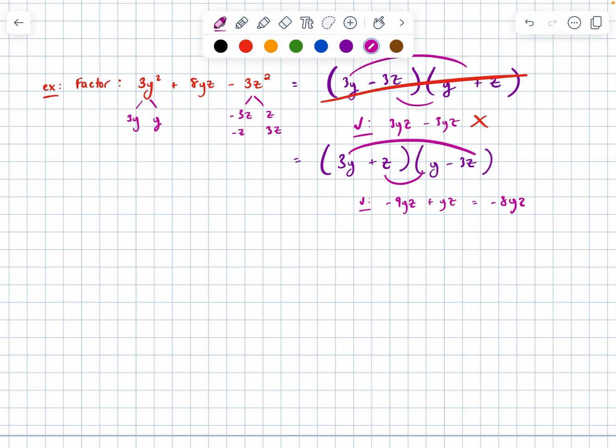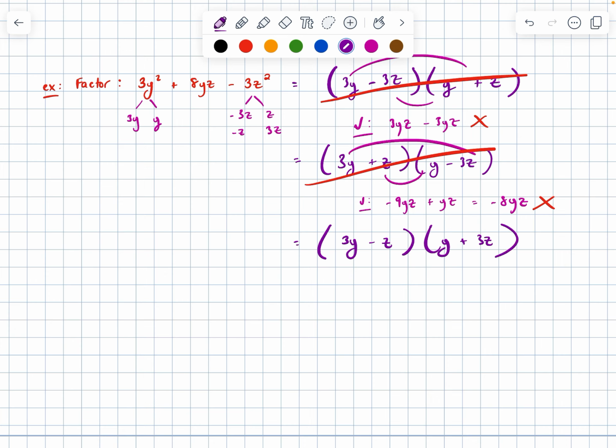Adding those together, I get negative 8yz, which is very close, but not quite, to my middle term. So there's something I like about this. The only thing that needs to change is the sign. So if I'm thinking strategically, what that should hopefully tell me is that if I flip my signs, I should get the middle term that I want.